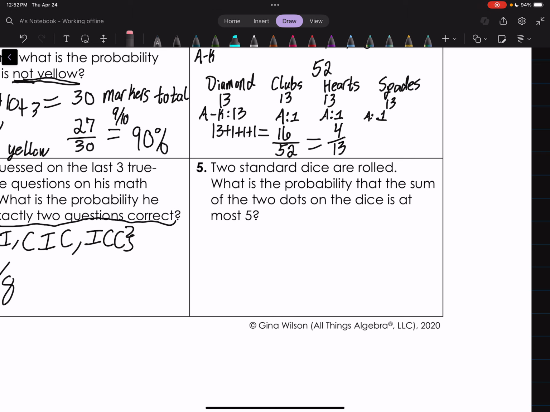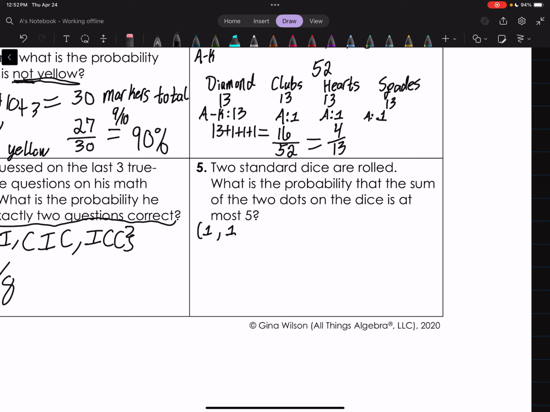2 standard dice are rolled. What is the probability that the sum of the dots on the dice is at most 5? All right. 2 standard dice, that's from 1 to 6. If I roll a 1 on the die, I can follow that with another 1.